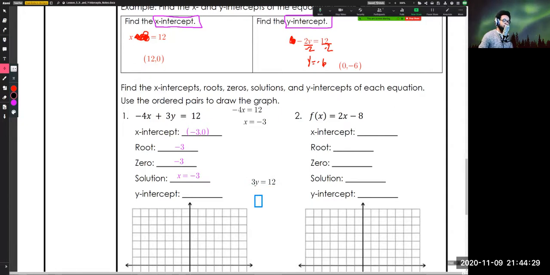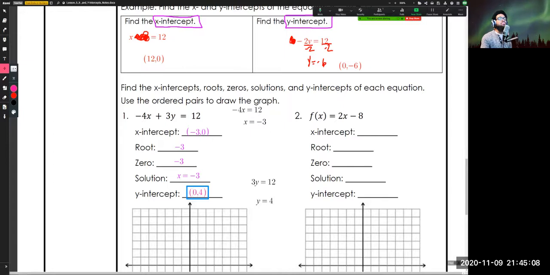I'm sure you guys know that. 12 divided by 3 is 4. And so my y-intercept, the way we write that one, is going to be 0 in my x spot and my resulting y. So it's going to be 0, 4. And don't forget to put your parentheses around these intercepts because these are ordered pairs. All right, so there we go. We found our roots, our zeros, our solutions, and our y-intercepts and x-intercepts of each equation.